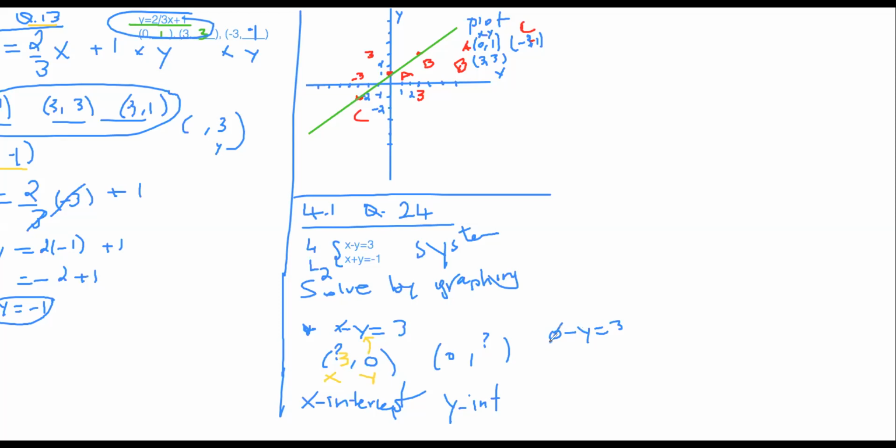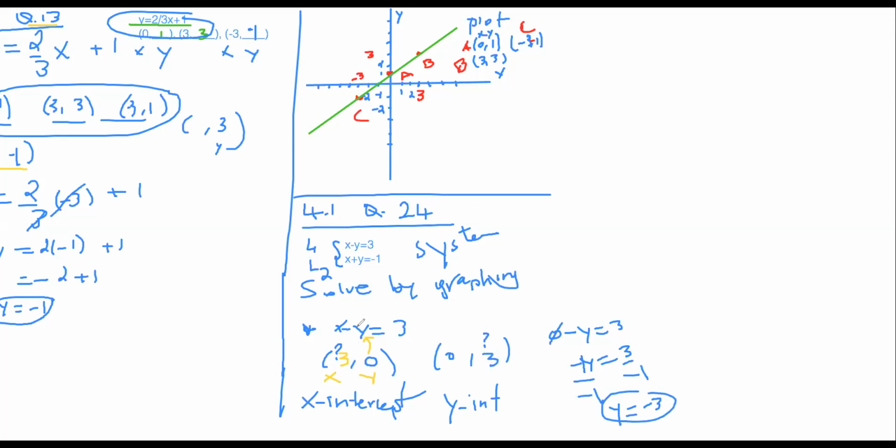Just ignore the 0. It would be negative y equals 3, and then we divide by negative 1. Think of this as negative 1. So y is negative 3. That's right. So now the value that's missing here is 3.